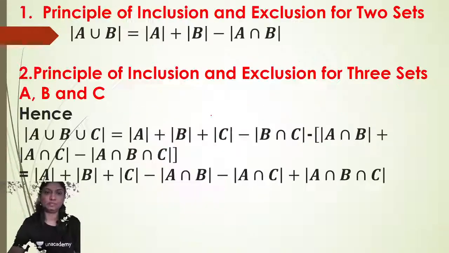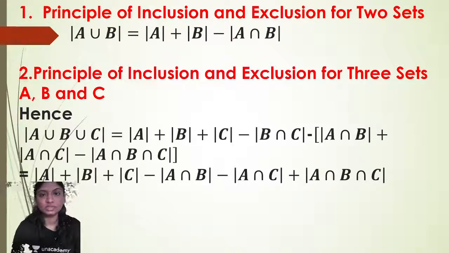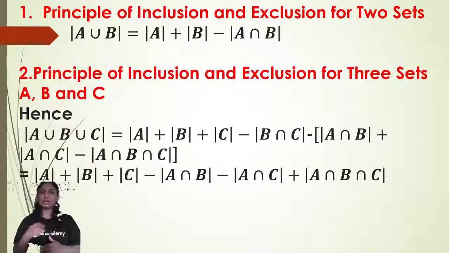Now next, we'll see the principle of inclusion and exclusion for two sets. The cardinality of A union B is equal to the cardinality of A plus the cardinality of B minus the cardinality of A intersection B. Principle of inclusion and exclusion means this includes and excludes also.